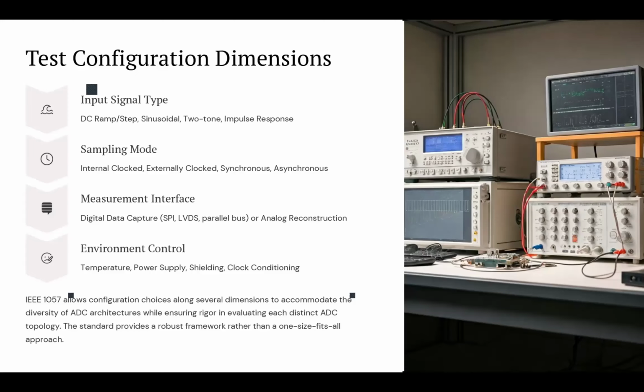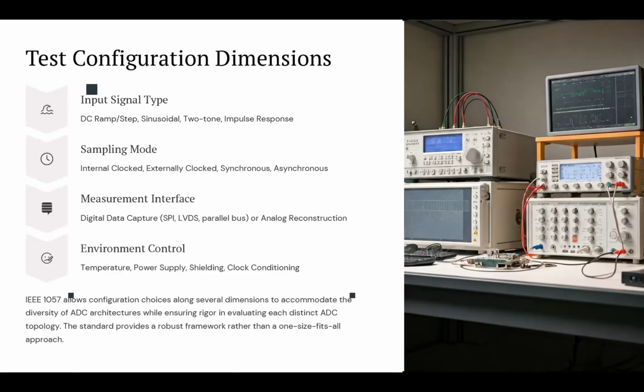For example, DC ramp and DC steps are normally used for static testing. We are going to talk about the different parameters defined within static testing and how they show the quality and performance of our ADC.